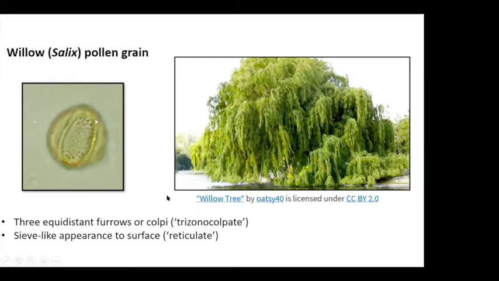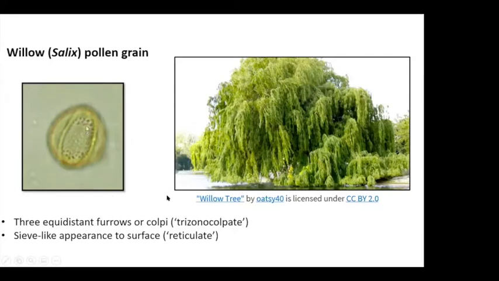What these do is they run nearly from pole to pole on the pollen grain. There's actually a third furrow round the back here that, if you were on the microscope and were to focus down through that object, you would see come into focus round the back.